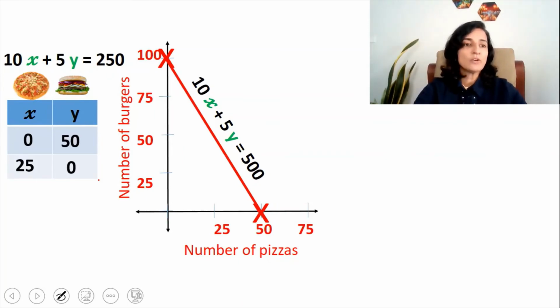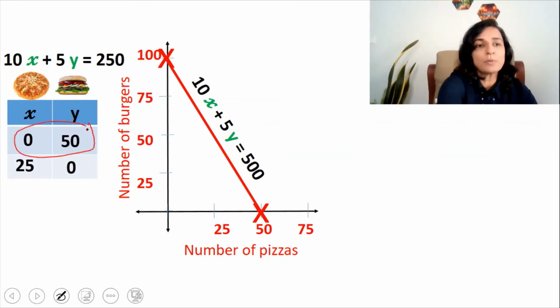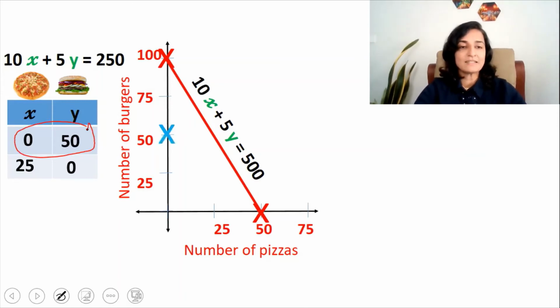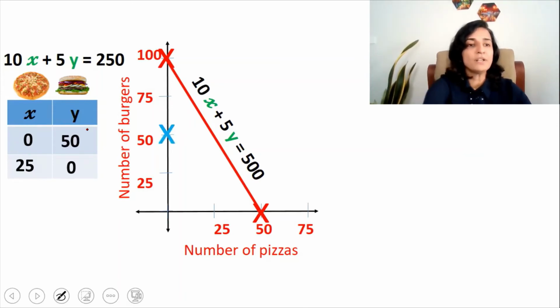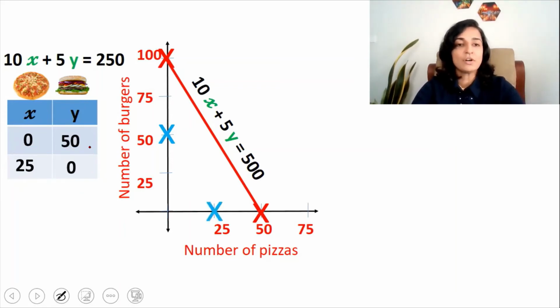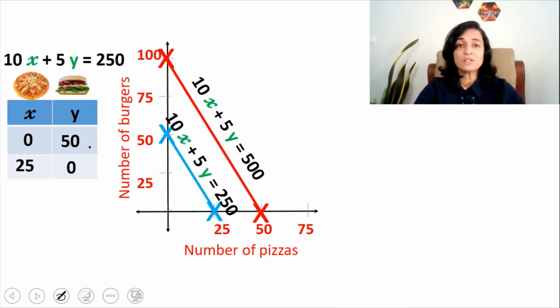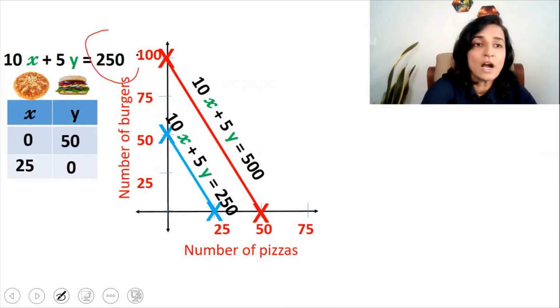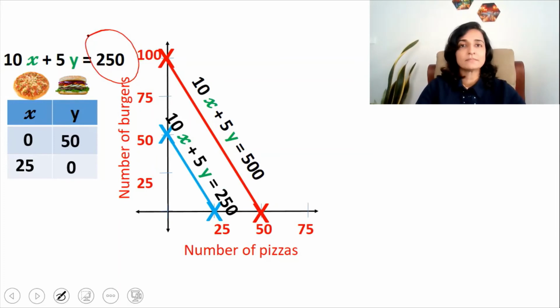Okay. So the first point that we are going to plot is 0, 50. So that is here. And the second point that we are going to plot is 25, 0. That is here. We join the line and we get your profit line when you have assumed that the profit is $250.